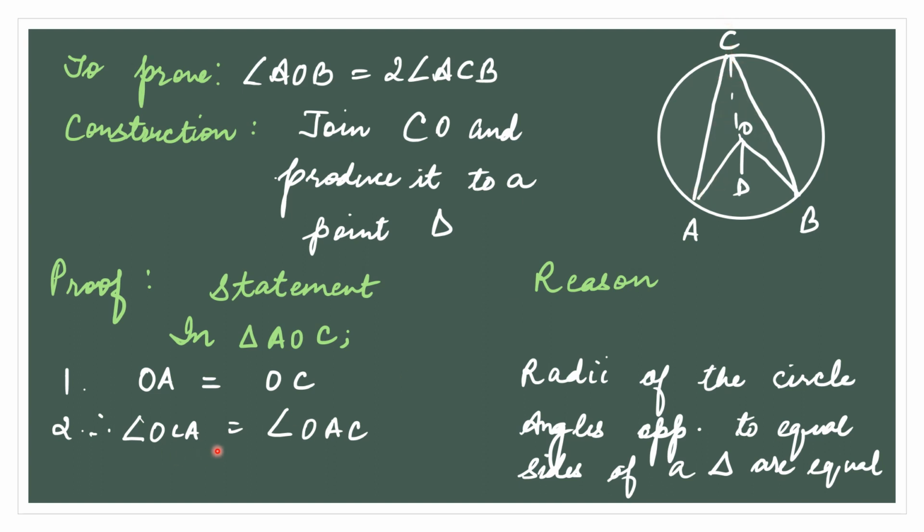OA is equal to OC because they are radii of the circle, and angle OCA is equal to angle OAC because angles opposite to the equal sides of a triangle are equal.